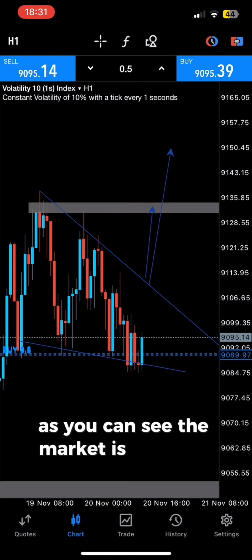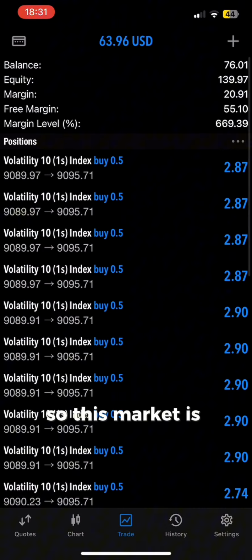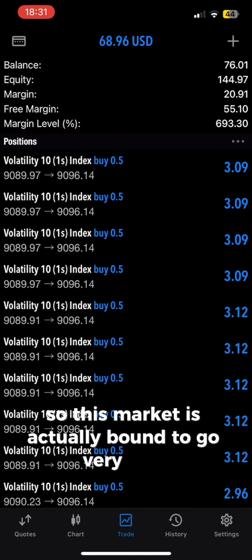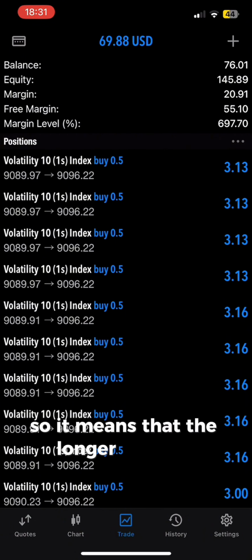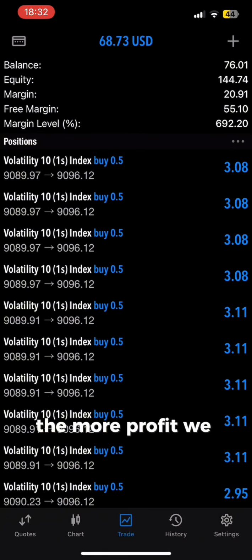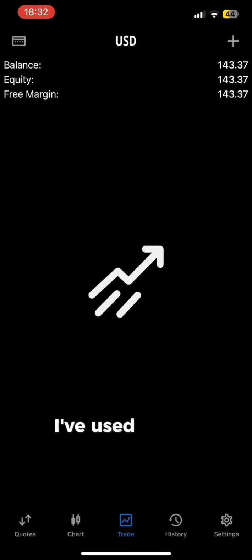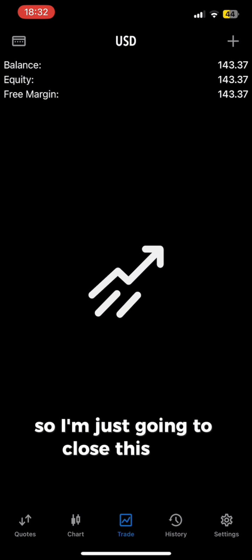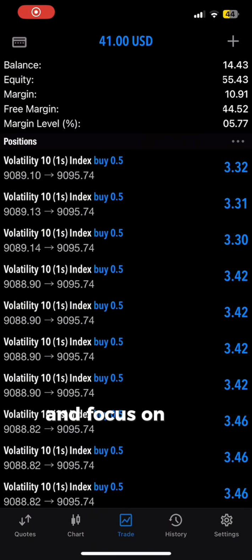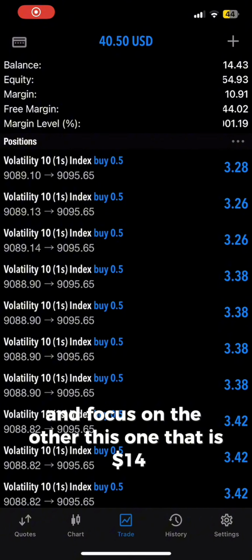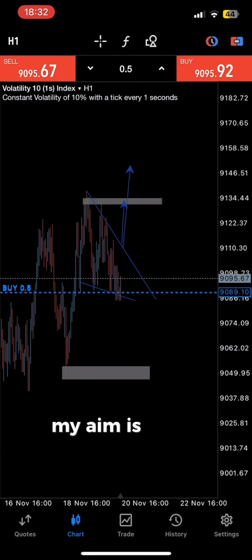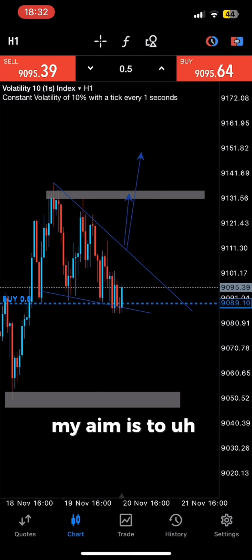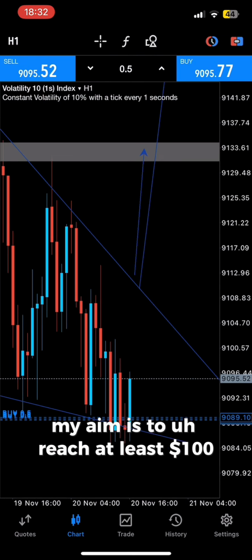As you can see, the market is going up, so this market is actually bound to go very high. So it means that the longer we wait, the more profit we get. But however, I've used many accounts, so I'm just going to close this one and focus on the other, this one that is $14. My aim is to reach at least $100.